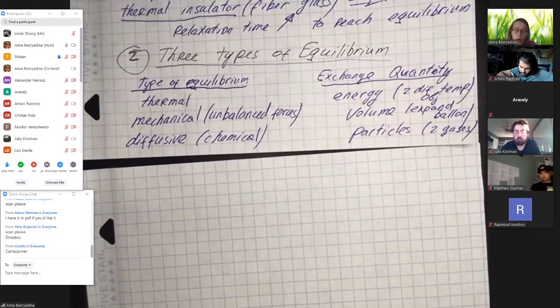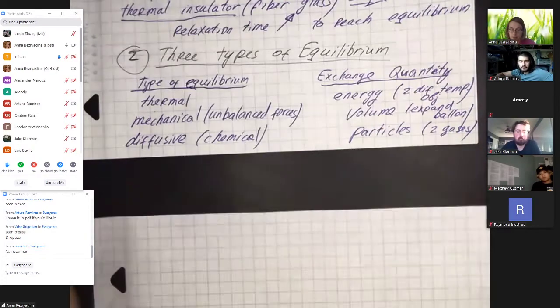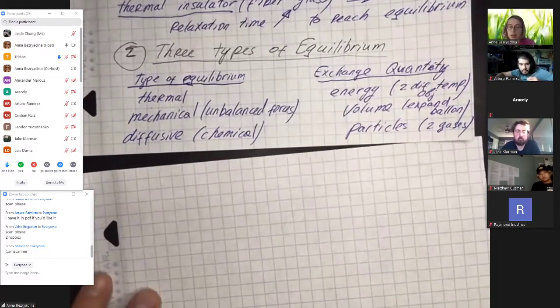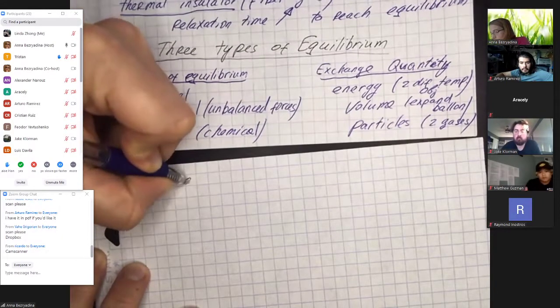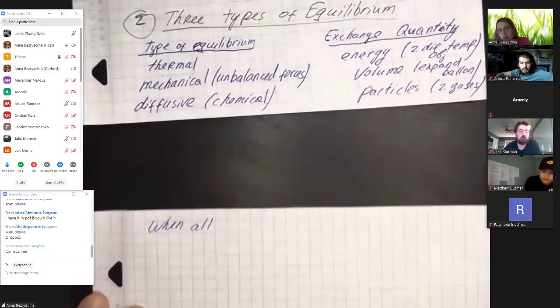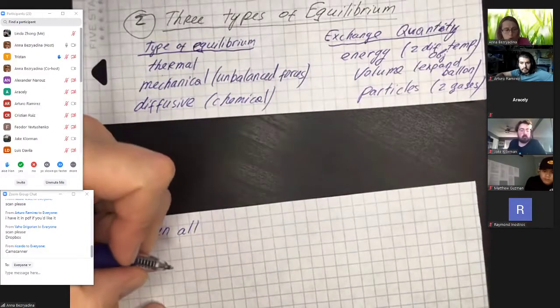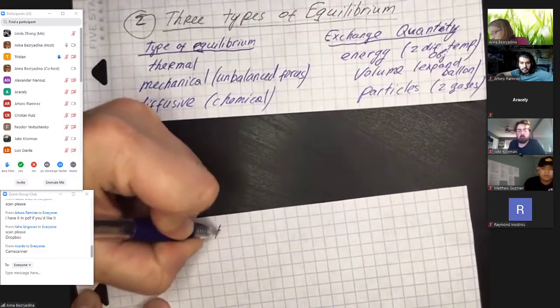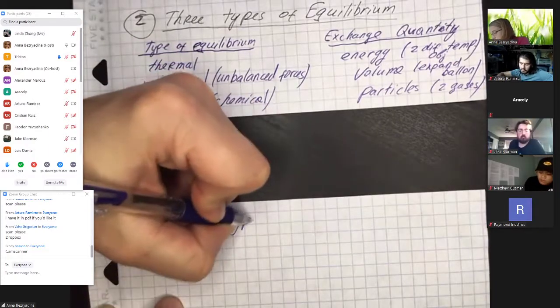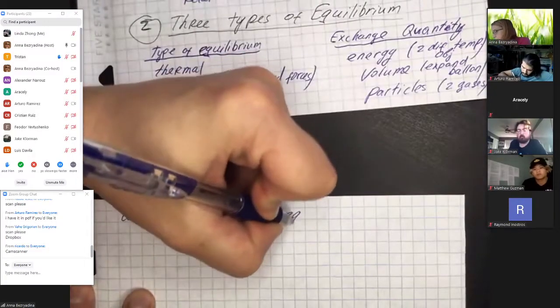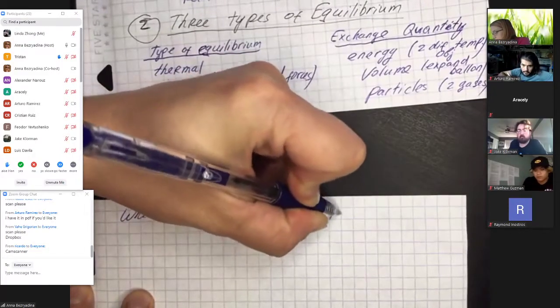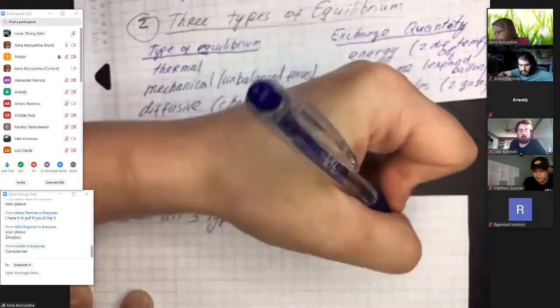So when all three types of equilibrium are satisfied, the system is in a state of thermodynamic equilibrium. And in this case, it can be described by macroscopic coordinates.